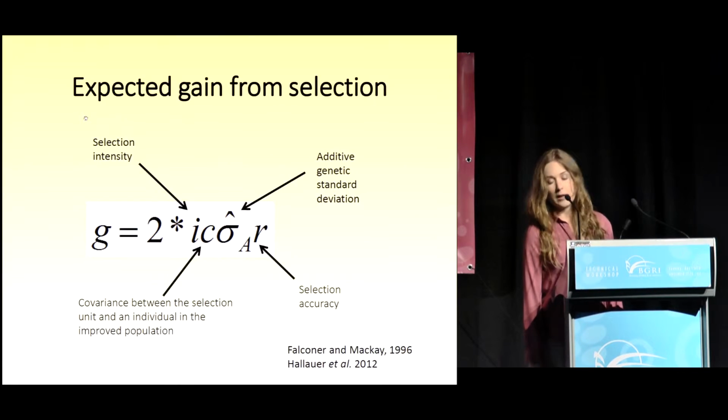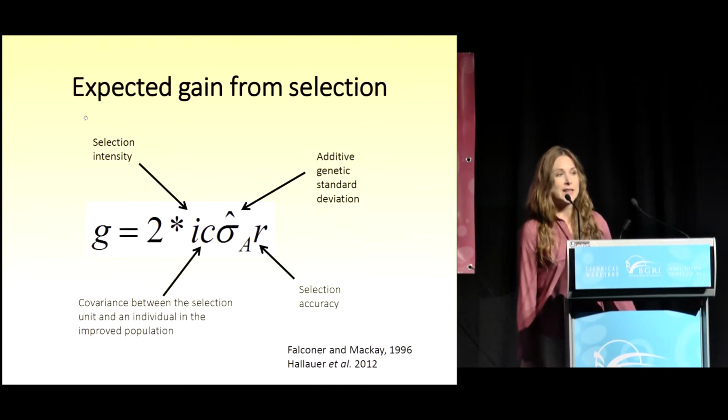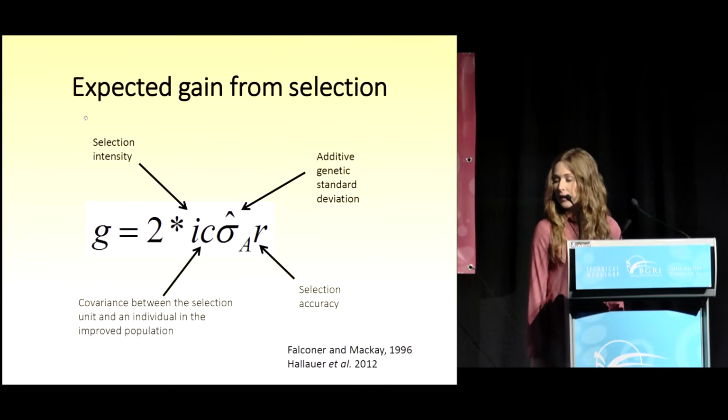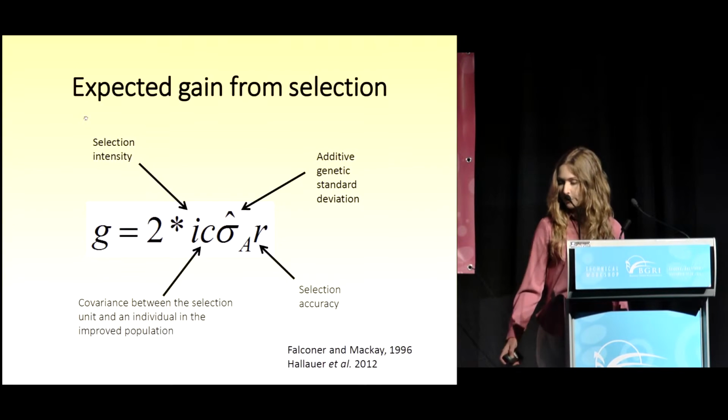There's another variable, the covariance between the selection unit and the individual in the improved population. That's actually a function of how inbred the lines are. So the more inbred the lines are, the greater genetic gain you'll have. And then there's the additive genetic standard deviation and the selection accuracy.